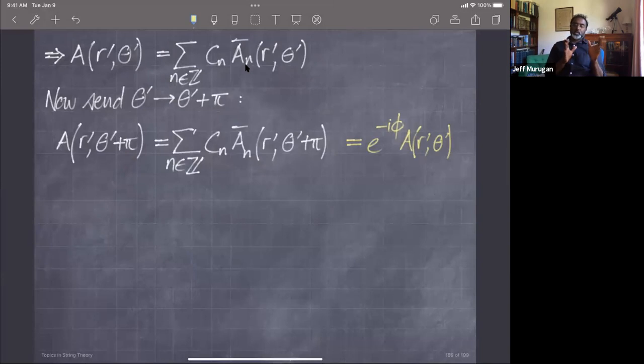I'm choosing the phase difference just by convenience. So if I shift theta by a factor of pi, then the amplitude can at most change by some phase. I'm going to write that phase as e to the minus i phi in this case, right?